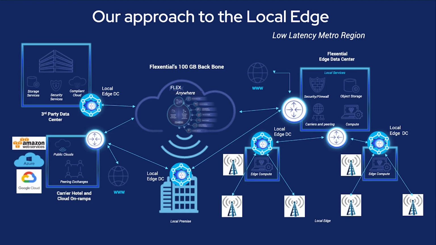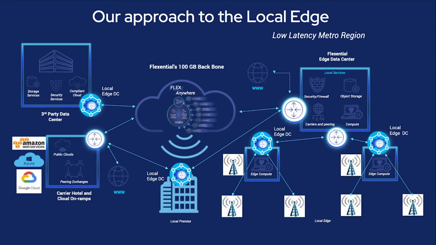And our approach to the local edge looks very complex. And I've had people say, wow, this is a busy diagram, but I like it that way for one reason. I think it's very important for people to understand that it is complex. And to make it work, you've got to have a lot of interconnection capabilities. You've got to be able to service a lot of different use cases. And you've got to be able to really bring that traffic to and fro the core.